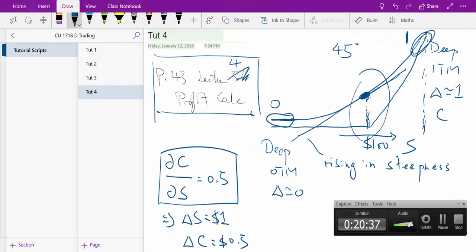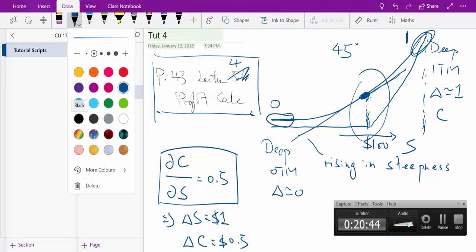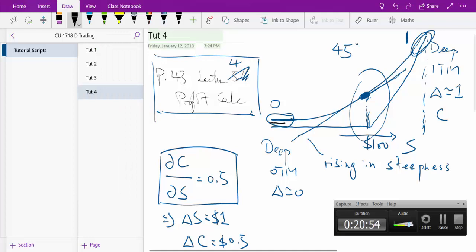And you can really see that because if I now draw a darker line, when it's shorter maturity, the payoff curve is going to look like this. All else being equal, let's say the original blue line was 1 month.